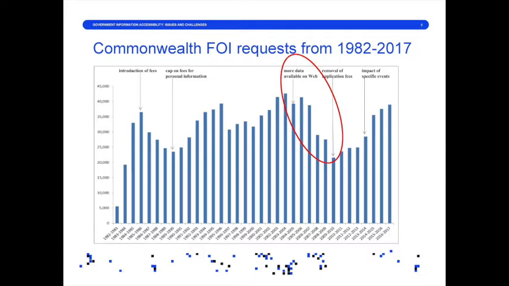But more importantly, what I wanted to talk about is that more data is available on the web. As they started putting data up on the web, formal requests for data were falling. There are a range of other reasons why it started going down further and then going back up again, but I really don't want to talk about that today.